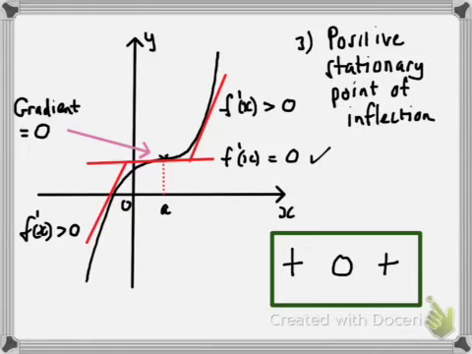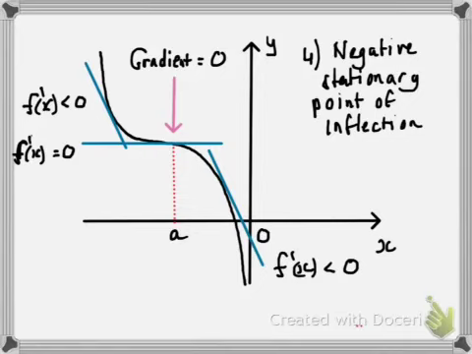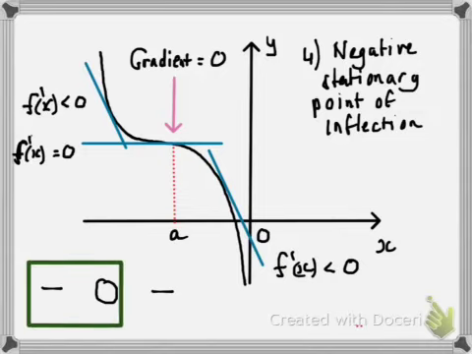You've got increasing, zero, increasing again. Then there's the negative point of inflection, where you've got a negative gradient, a zero momentarily, a negative gradient again. That pattern there, negative, zero, negative, is what a negative stationary point of inflection looks like. So you've got the gradient equaling zero just there.